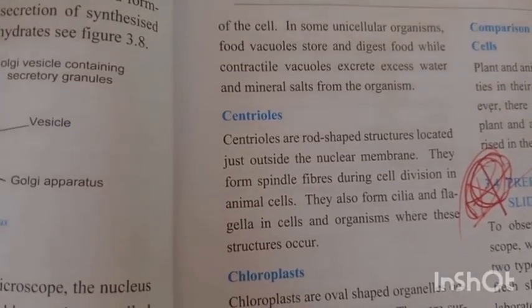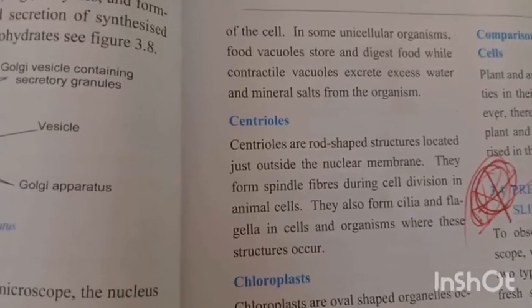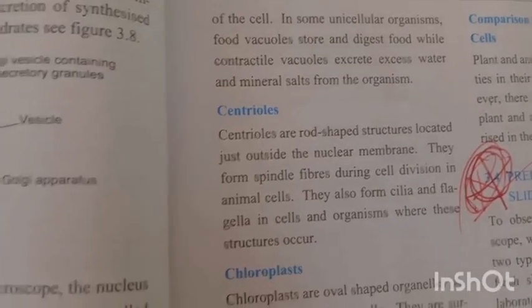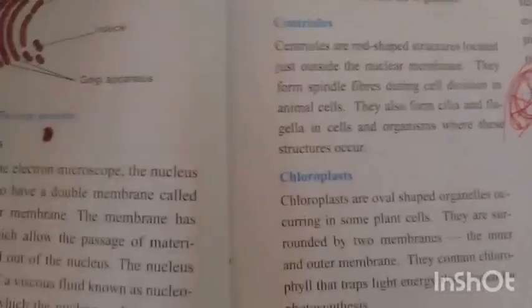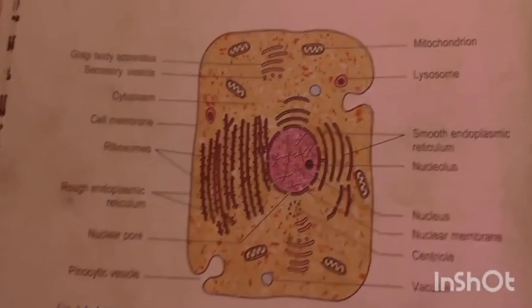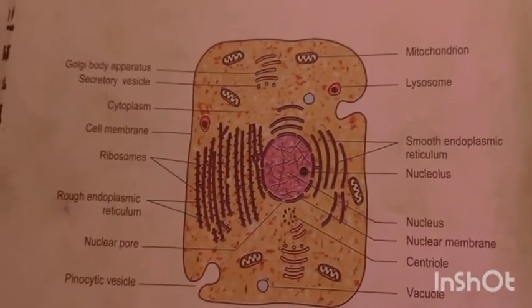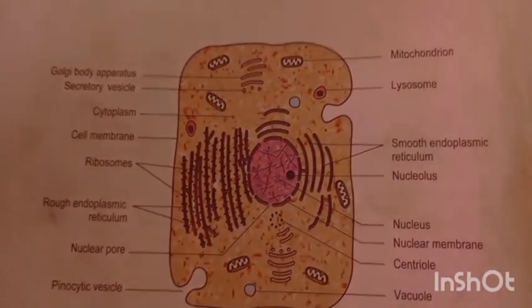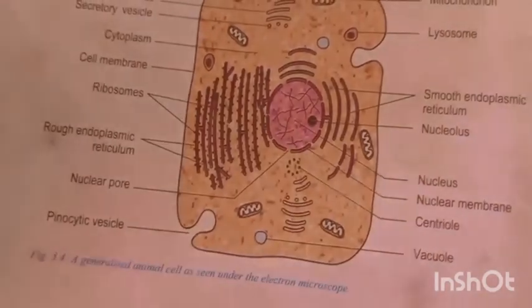For the animal cell, because they are temporary, they are used to excrete excess water and mineral salts from the organism. Centrioles are cell organelles that are found in an animal cell. When you look at an animal cell clearly, you can locate the centriole, this dotted one.